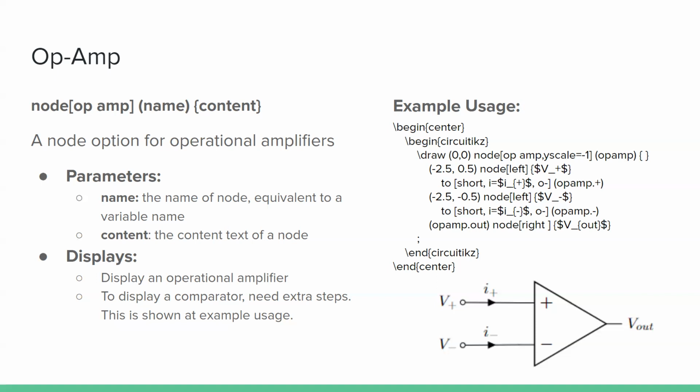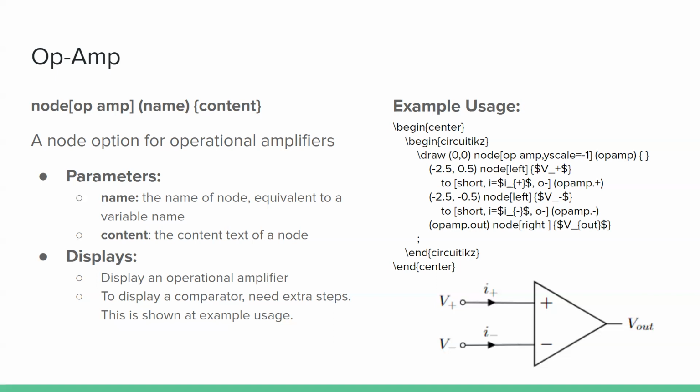So if I say two short op-amp dot plus, then I'm drawing a path, first of all, from this node here to the positive node of the op-amp. But what I feel in this path is this short bracket list where I give an entire wire, right? And furthermore, I give this shape o dash, which means I'll have an unfilled circle at the start and no circle at the end of the wire.